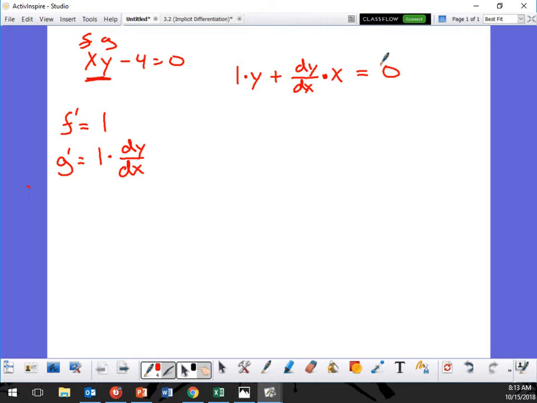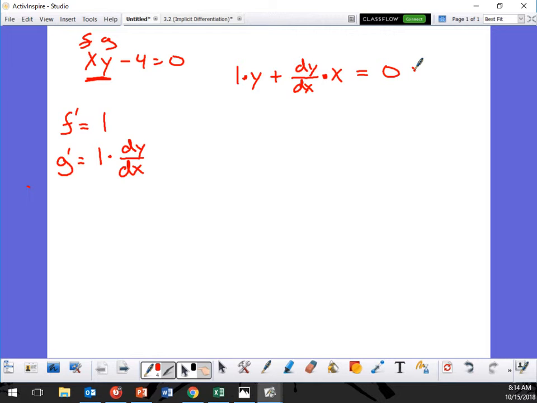Now I want to try and get dy/dx by itself. So I'm going to use a little bit of algebra to isolate this thing. What would I do to actually get this piece over here? I'm just going to subtract because I'm trying to get the dy/dx by itself.